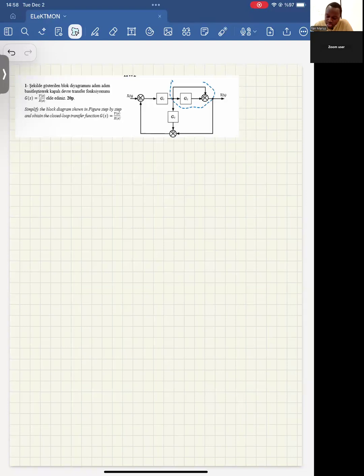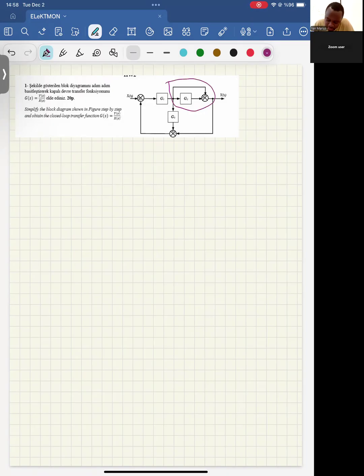Let's start with here. Here, we will have that one, it will be 1 plus G2. So let's redraw our block diagram.